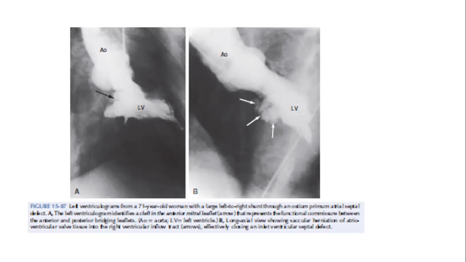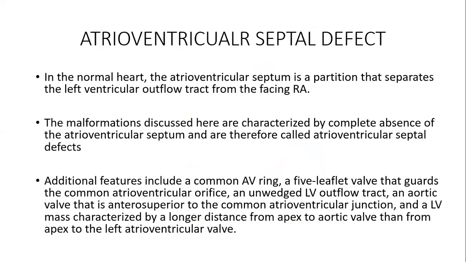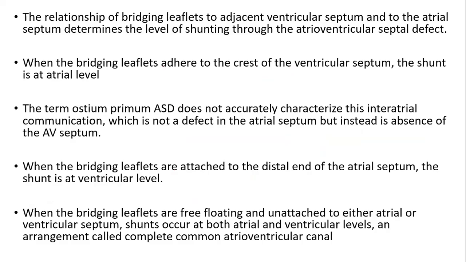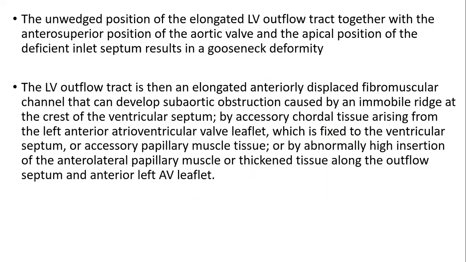It can be a subaortic fibromuscular crest, or chordae tendineae, or an accessory papillary muscle, or a crest of the ventricular septum, or accessory tissue, or abnormal insertion of the anterior papillary muscle. If it comes anterior, it will come in the middle of the outflow. Or there can be thickness of the outflow tract. So these are all the causes of left ventricular outflow tract obstruction.